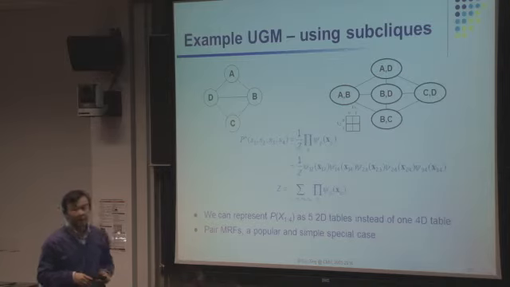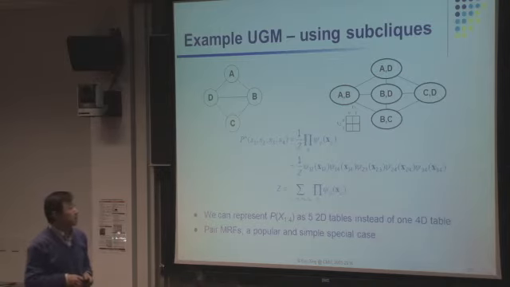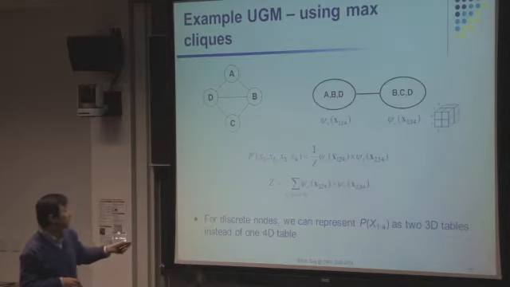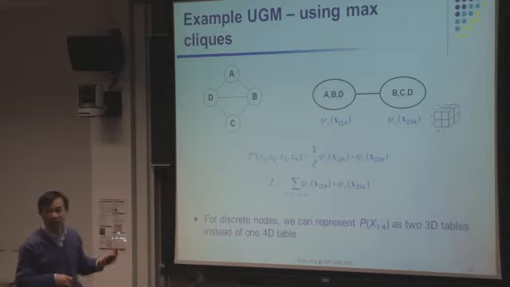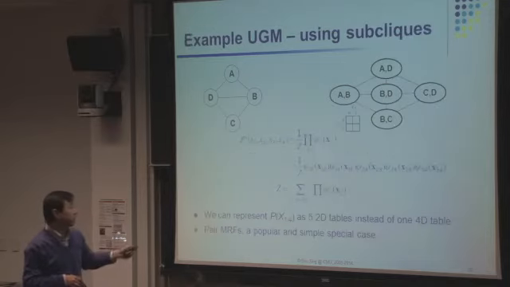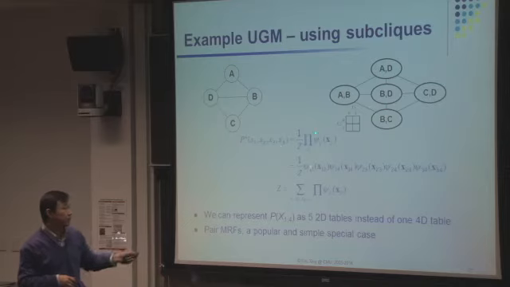Another way of parameterizing the UGM is to use the subcliques. By the way, I call this fully parameterized, complete maximal-clique based representation P prime. That's one way of parameterizing. I have P double prime, which is based on definitions on only the subcliques, the pairwise cliques.